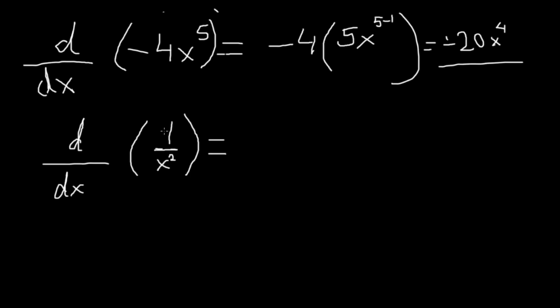This is in fractional form, so convert this to exponent form so that you can use the power rule. 1 over x squared is the same as x to the negative 2. Don't forget the derivative operator.